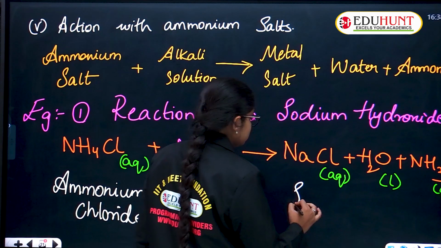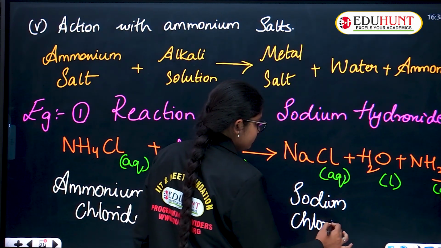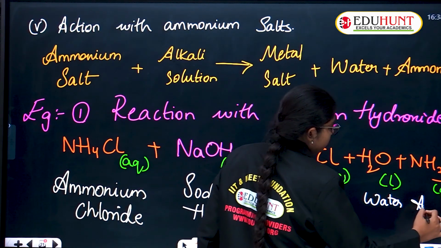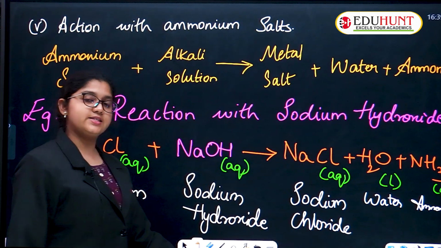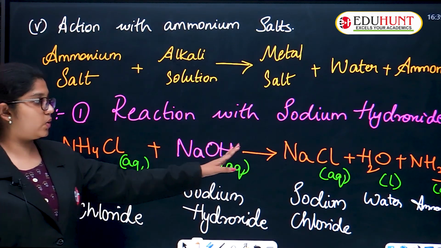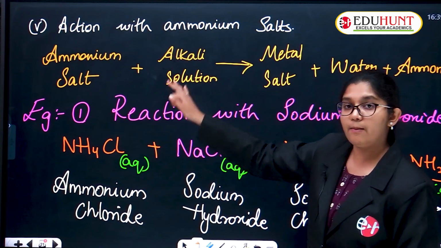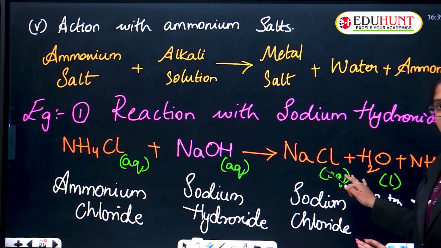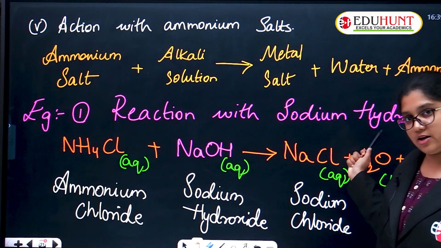What is this metal salt? Sodium chloride, and water, and also we get ammonia. Okay, this is the first example. Reaction with sodium hydroxide. Whenever we add sodium hydroxide to that particular ammonium salt such as NH4Cl, we get the metal salt, water, and ammonia.